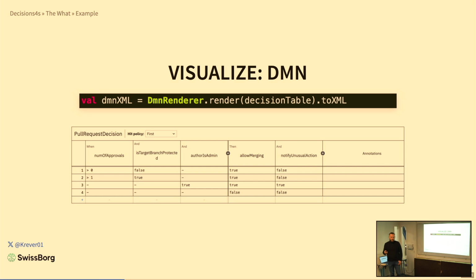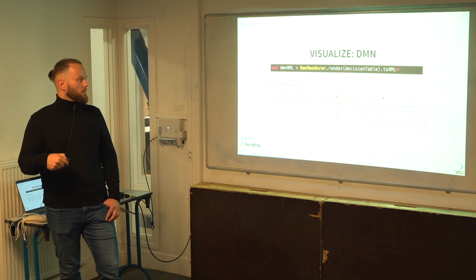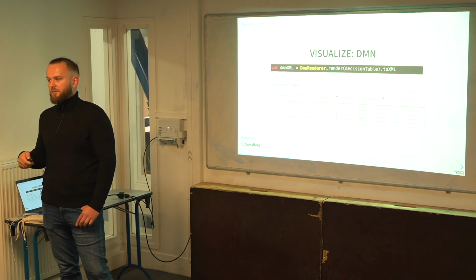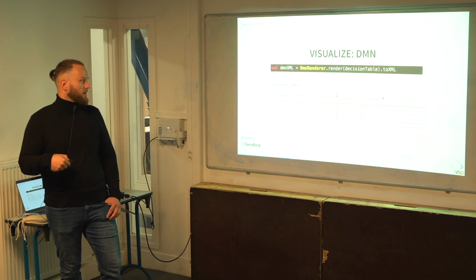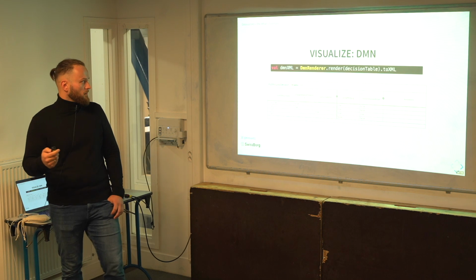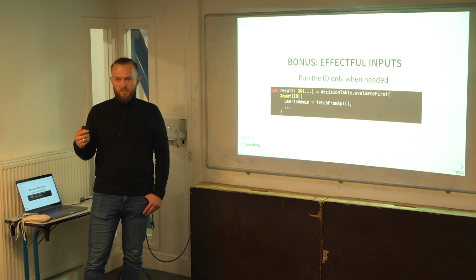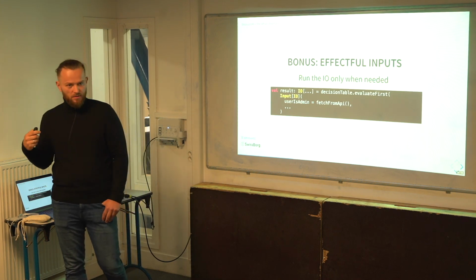I wouldn't say a lot, but a significant amount. And we are using some parts of that tooling here to render the DMN file. So that is this toXML. A DMN file is just an XML, and then we render it using the pre-existing tooling. So yes, that's pretty much what the library does.